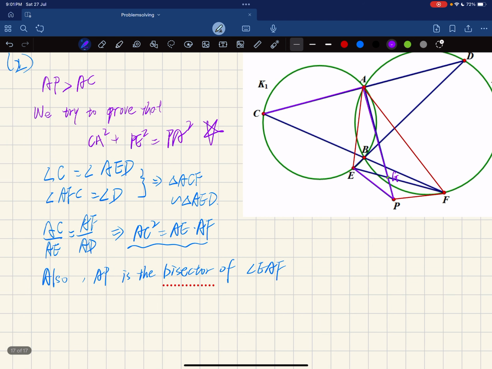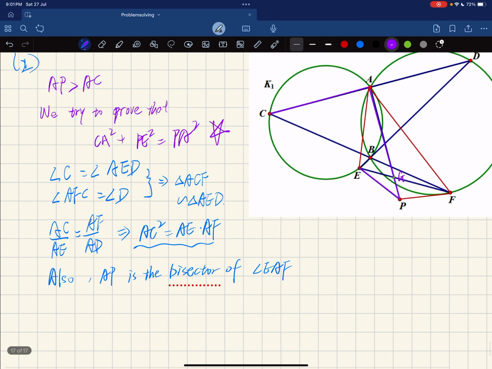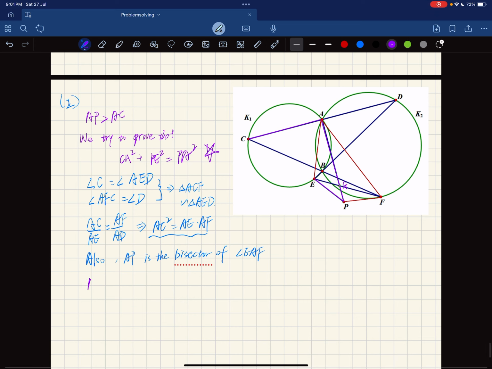Of course, that means we want to prove that A, E, P, and F are concyclic.